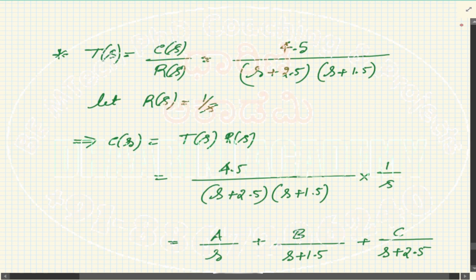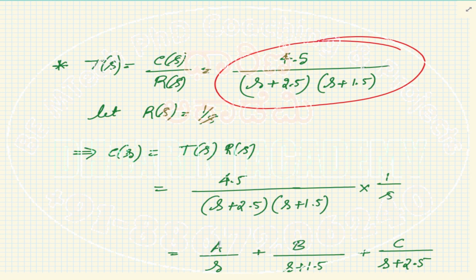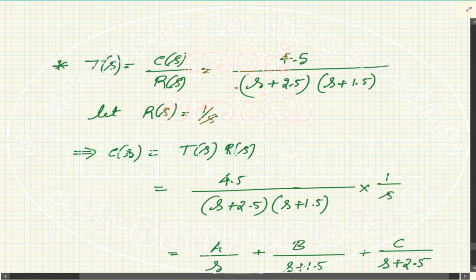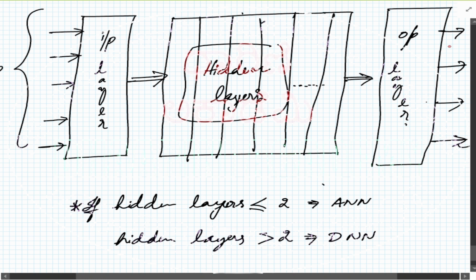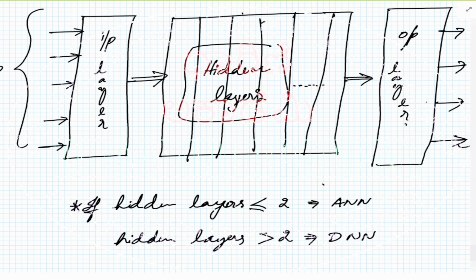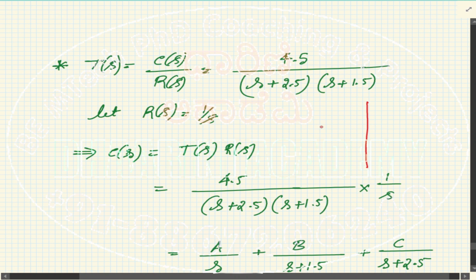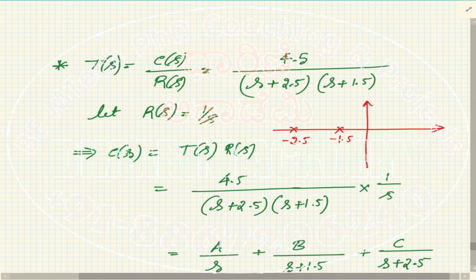In the transfer function, whatever poles we have, if you try to plot these poles, let's do a quick plot. One pole at minus 1.5 and another pole at minus 2.5. So this is the pole zero plot of the first system. And this is a stable system, correct?